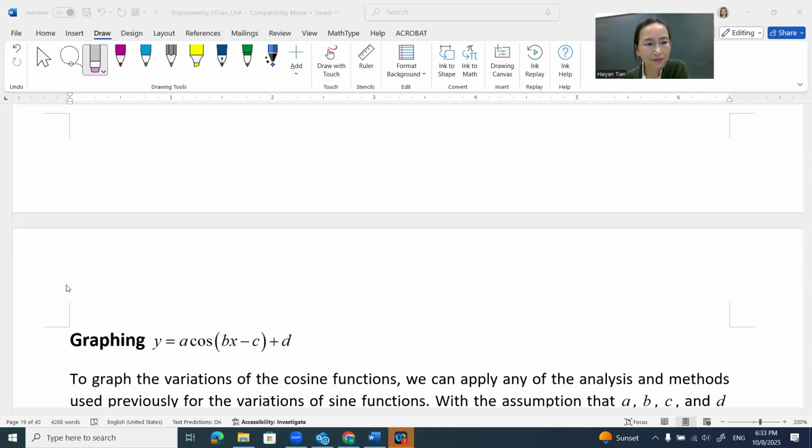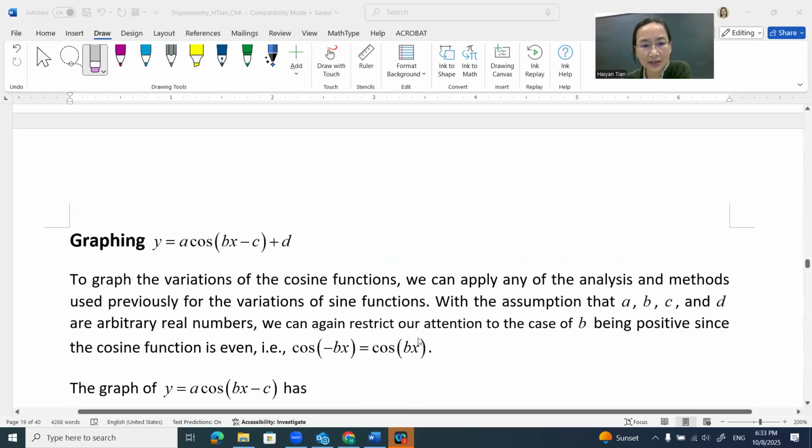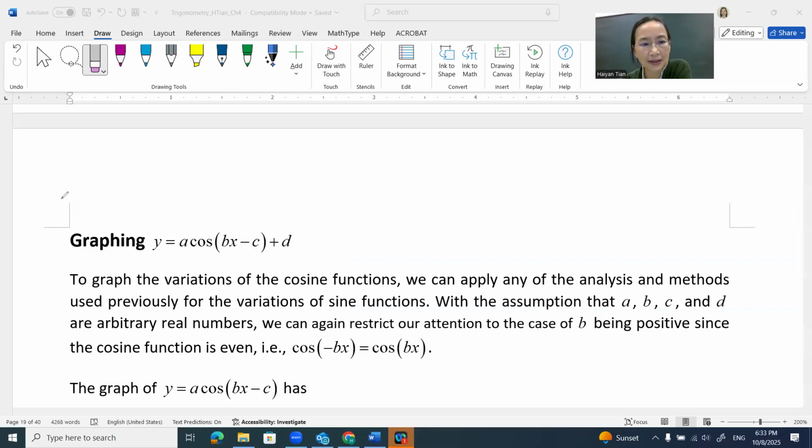So now with these variations, for this more general case, what is the amplitude? It is the absolute value of A. What is the period?